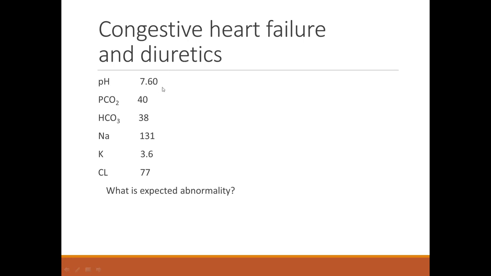The pH is alkalotic, the PCO2 is 40. It's not suggestive of predominant respiratory alkalosis. The bicarbonate is 38. Obviously, this is metabolic alkalosis, but the PCO2 has not increased up to that level, which means there is a washout of PCO2 as well.